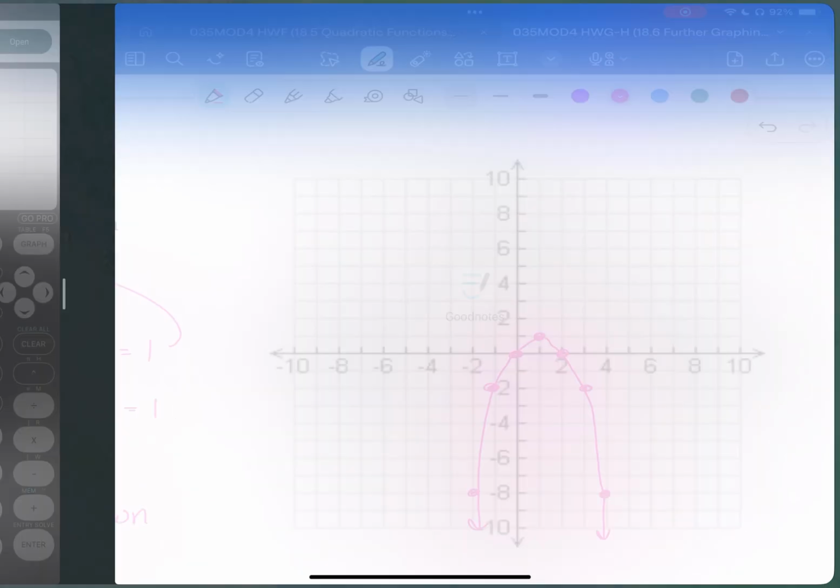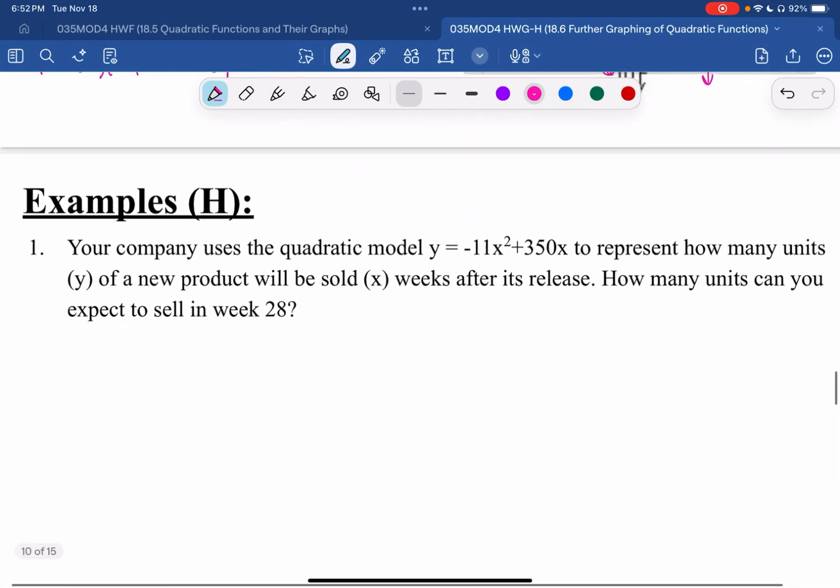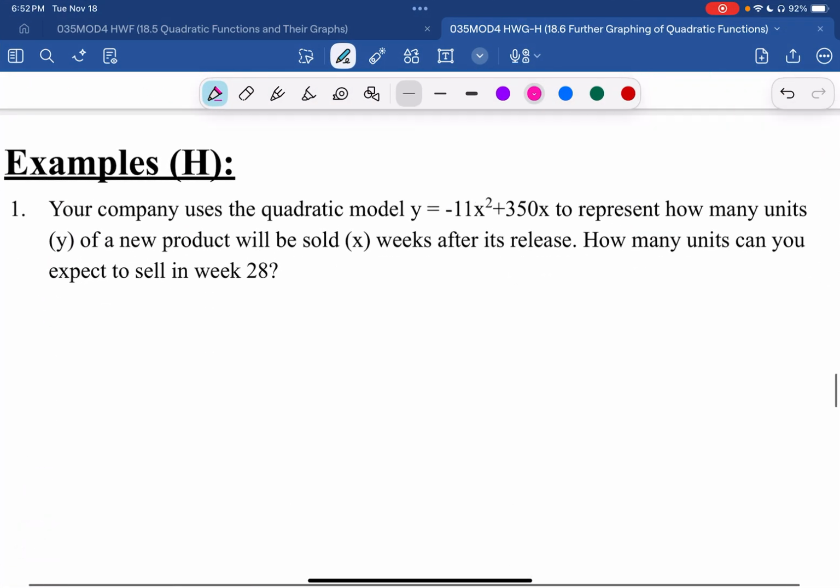So now let's look at some more problems. So this one says your company uses a quadratic model, and so they give us the equation, the function, to represent how many units y. So it's really important to pay attention to what each variable is.